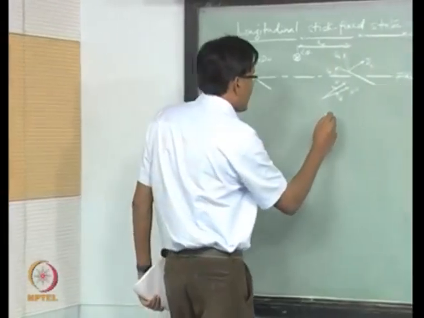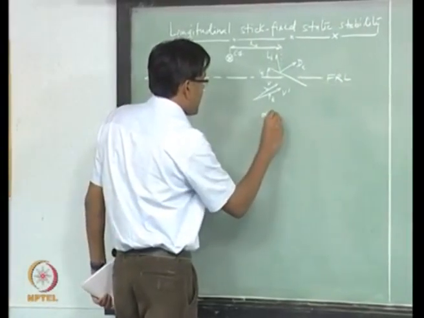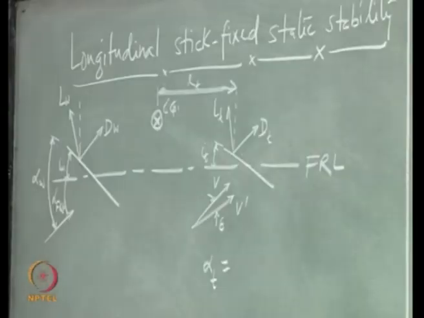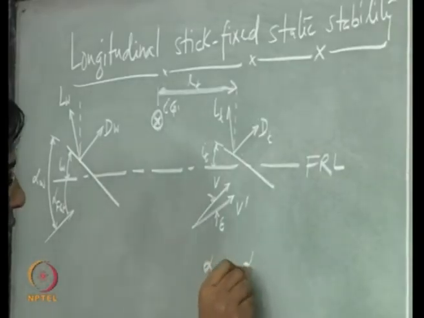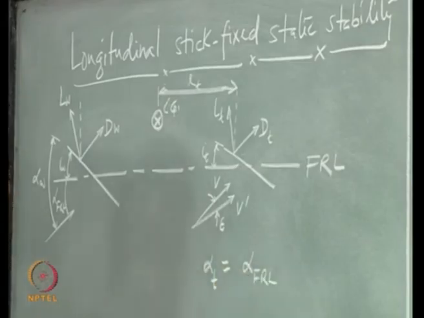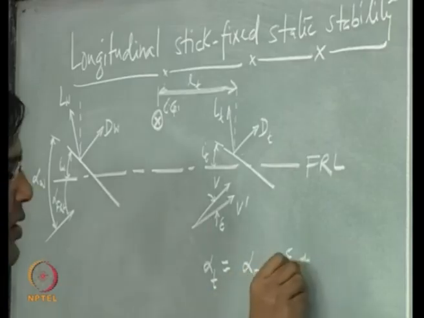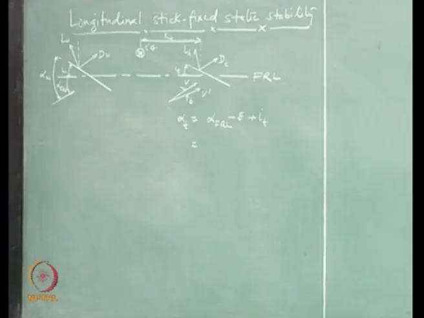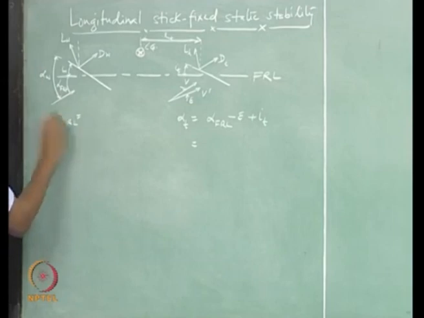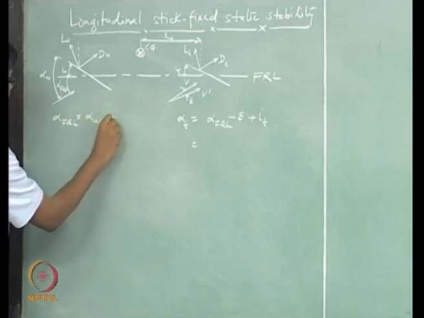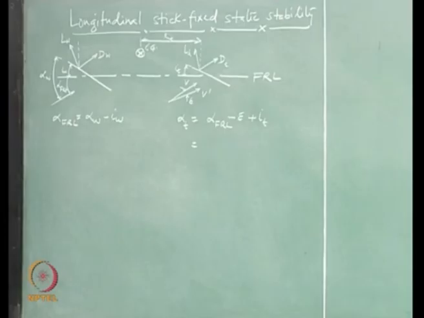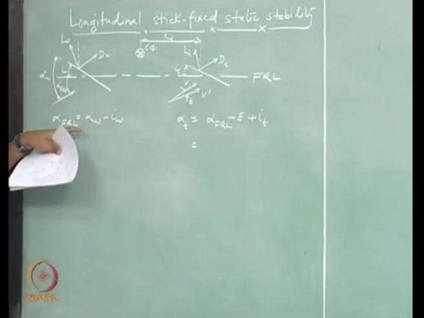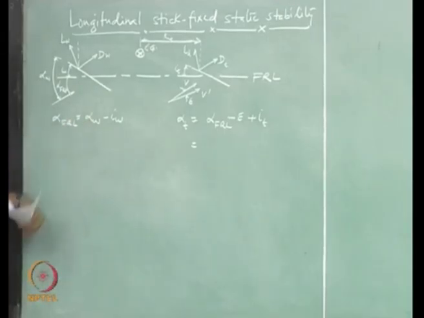So the angle of attack that a tail will see is, and alpha FRL is alpha W minus IW.